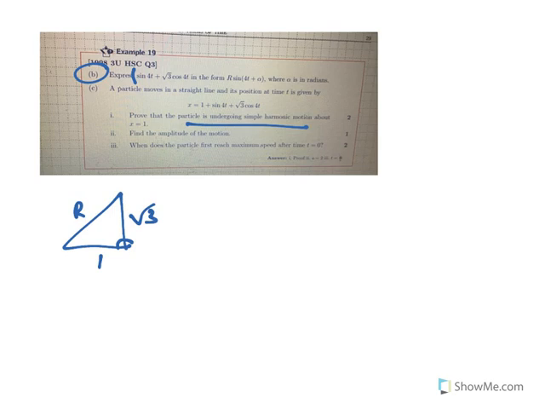Okay, so now what we're going to do is prove its simple harmonic motion. The first part says to express that into that form. So this is R. A is the number in front of the sine, which is 1, and B is the number in front of the cos, which is root 3. That's alpha. Tan alpha is root 3 on 1. Therefore, shift of tan alpha would give you pi on 3, or 60 degrees.